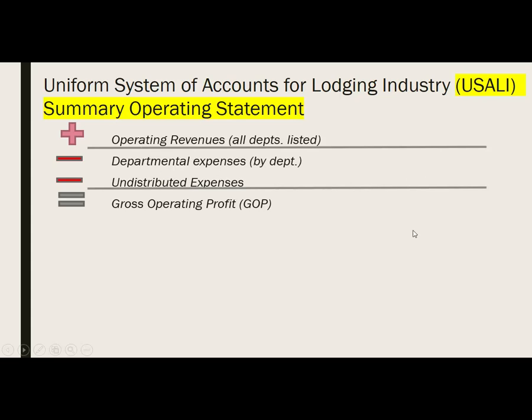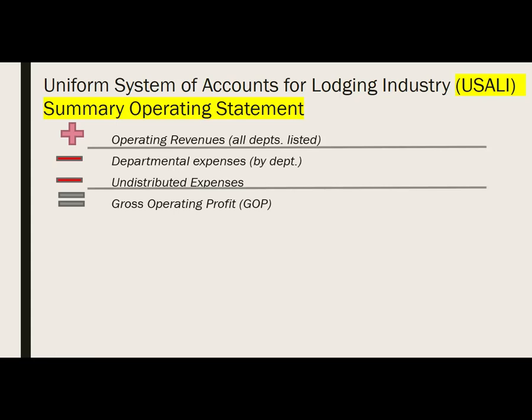Now there are some things called undistributed expenses. Those are operational expenses that can't be allocated to a specific department. So if there was money spent on marketing for the entire hotel, it's very hard to specifically say how much expense should be attributed towards the food and beverage department, how much should be towards the rooms department.